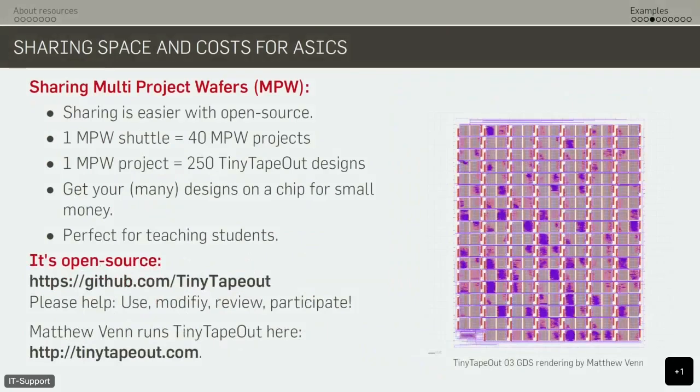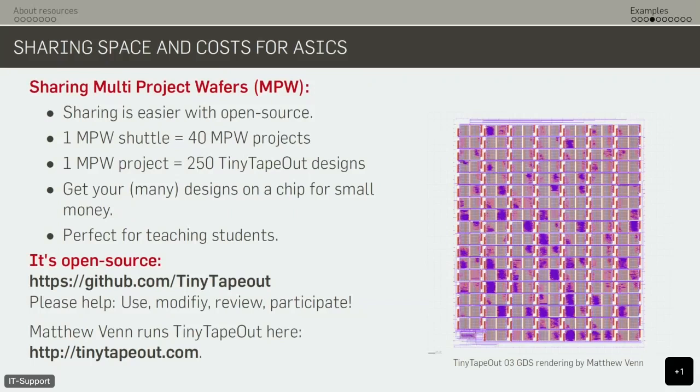Sharing multi-project wafers is a way to get designs for a very cheap price and a very low entry barrier for the students. If you imagine sharing a multi-project wafer among 40 projects, and each of the 40 projects containing maybe some 100 different designs, and you're sharing the costs for that, you're at the idea of Tiny Tapeout.